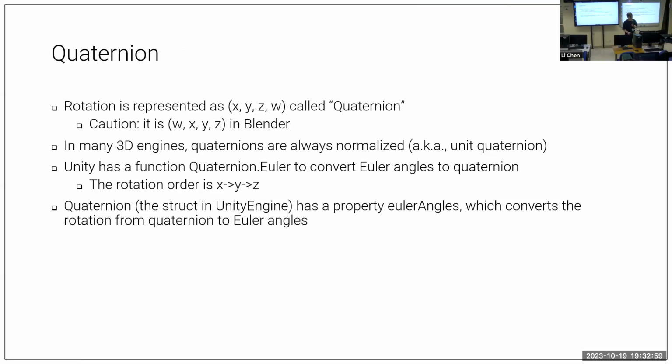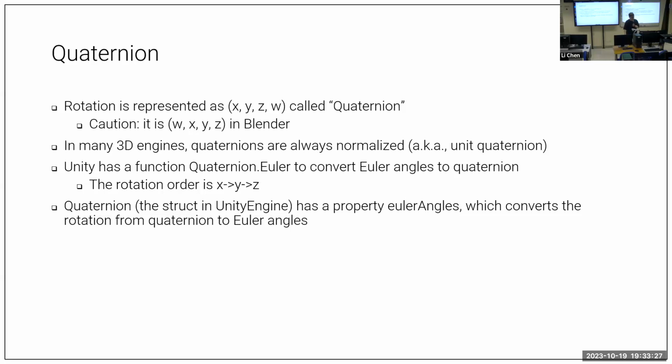If we use this as an entire 4x1 vector, we have the quaternion. In Blender, the order is w, x, y, z, so it is slightly different. That's why sometimes when you import a model into Unity from Blender, you will get errors and unexpected rotations.